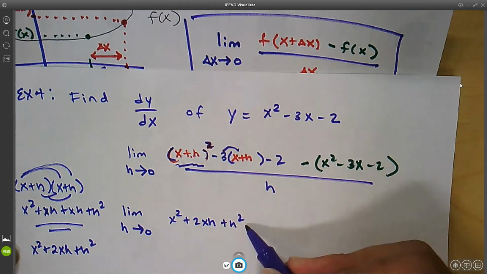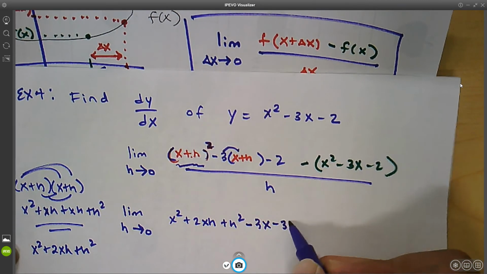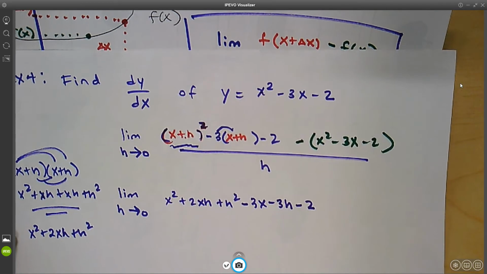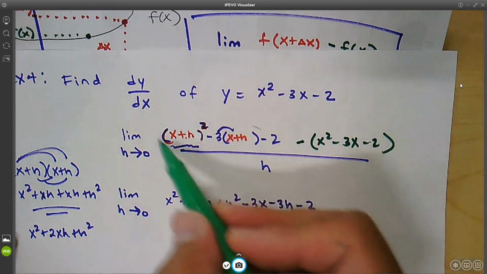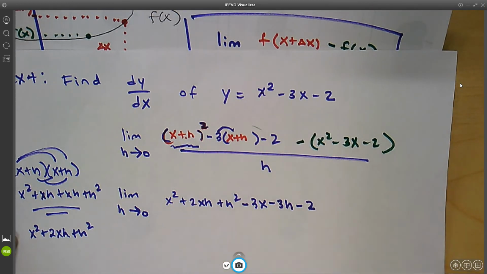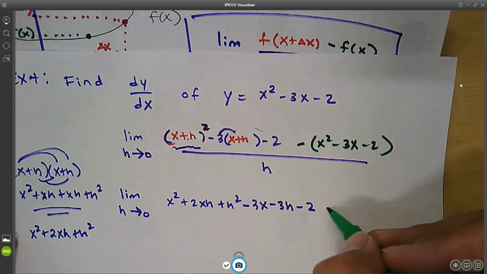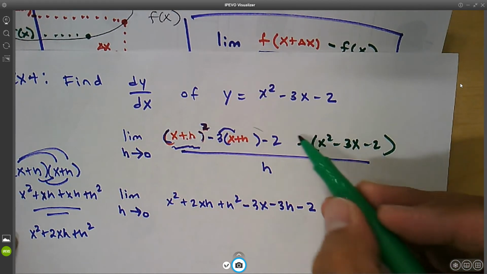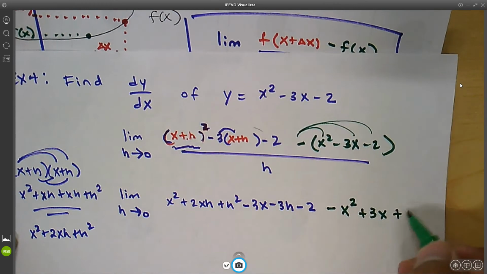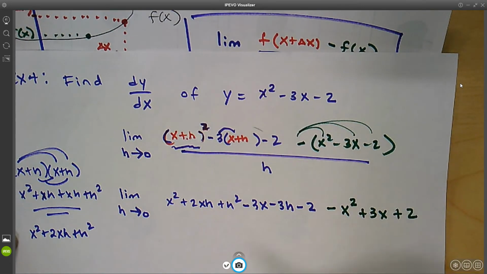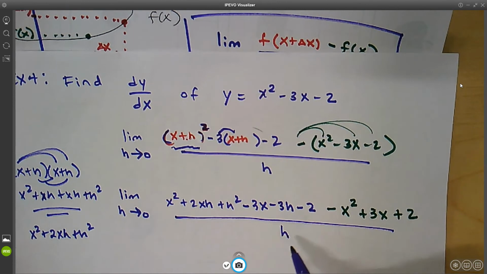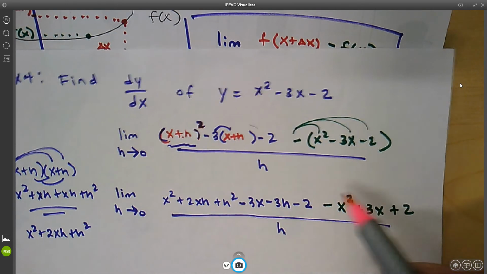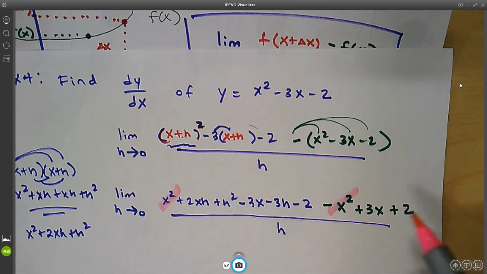Now I'm going to distribute the minus 3. And then there's a 2. Okay, so a lot of work here. All of that was all of this. Then I have a minus the rest. So we're going to distribute the negative through. And all of those is over h. And here comes the part where you just cross things off that are the same but opposite in sign.